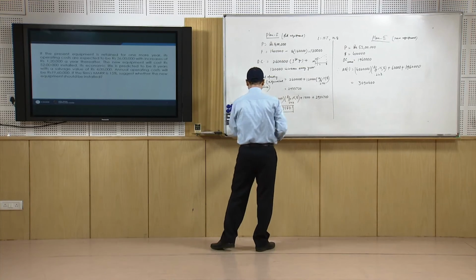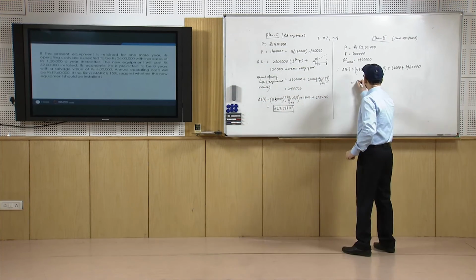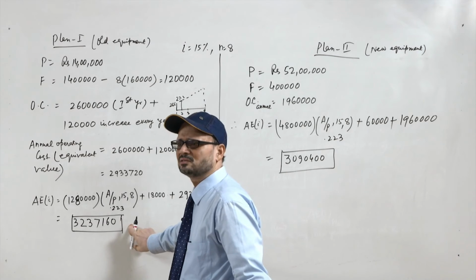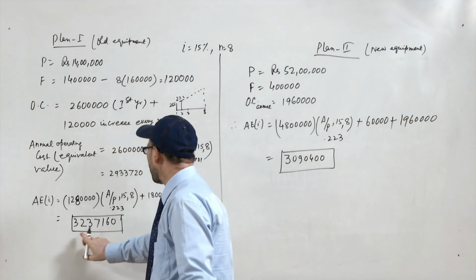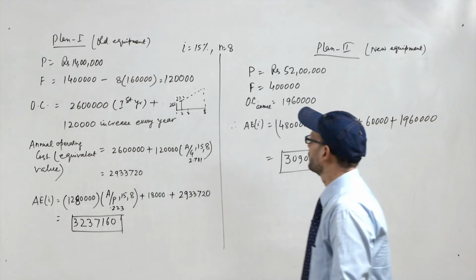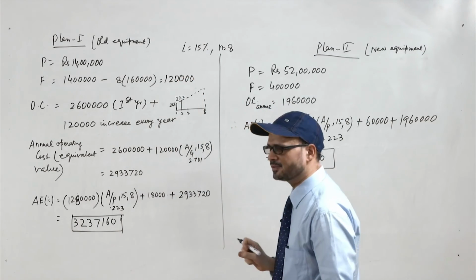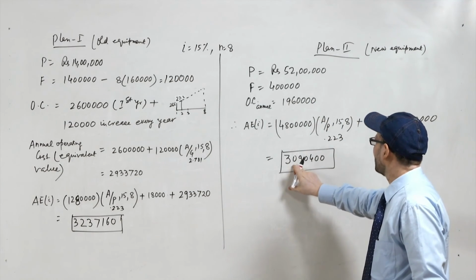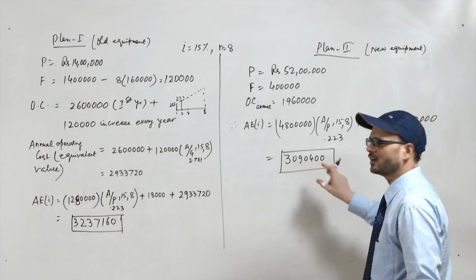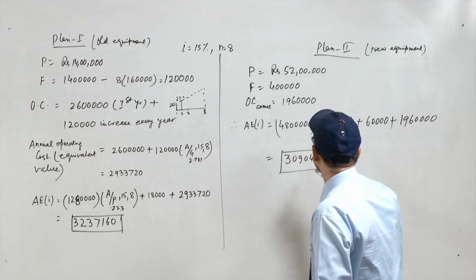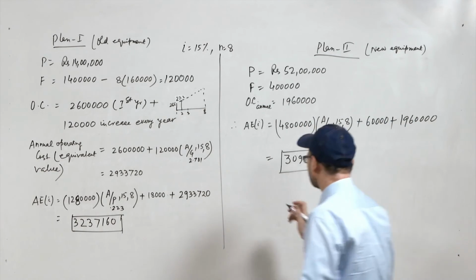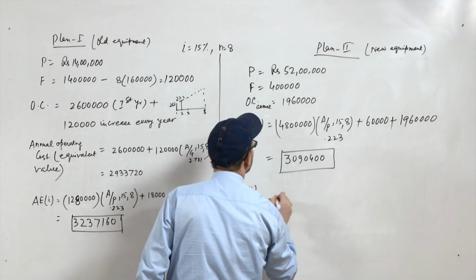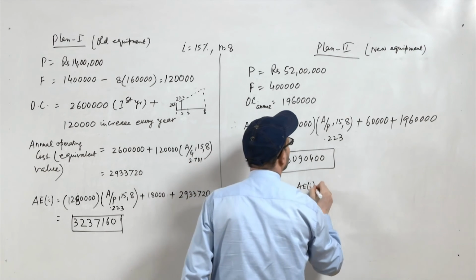So, what we see is that plan 1 gives you an annual equivalent cost of 32 lakh 37,160 if we retain the old equipment, and if we purchase the new equipment, the annual equivalent cost is 30 lakh 90,400. It means going for plan 2 is advantageous. AEI plan 1 is greater than AEI plan 2.